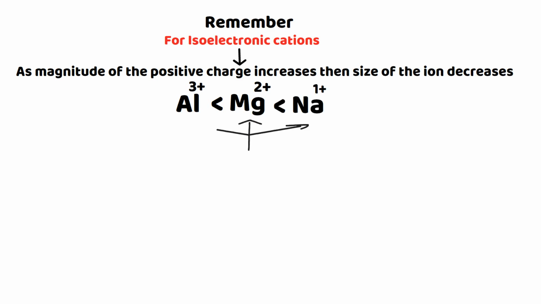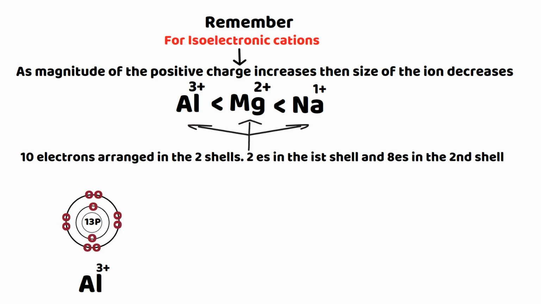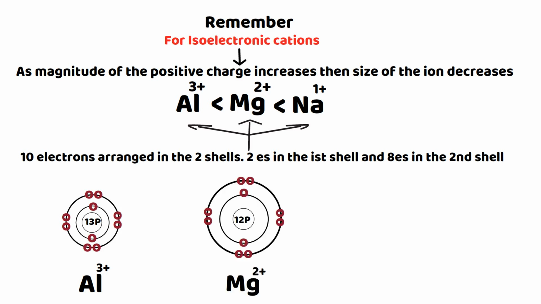The reason is all these three ions have 10 electrons arranged in two shells, 2 electrons in the first shell and 8 electrons in the second shell. The nucleus of aluminium 3+ ion has 13 protons, which can attract the 10 electrons more effectively compared to the 12 protons of magnesium 2+ ion or 11 protons of sodium 1+ ion.